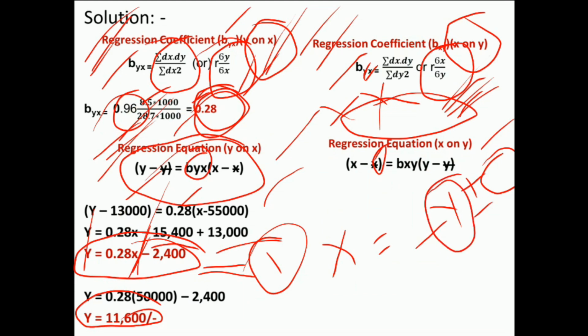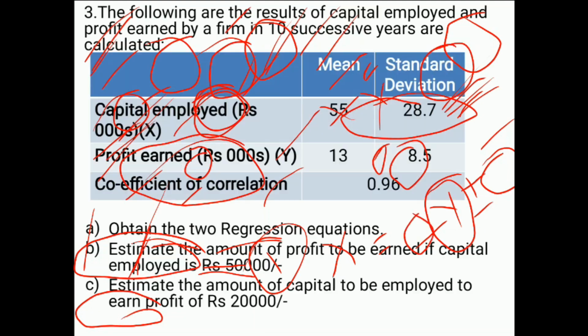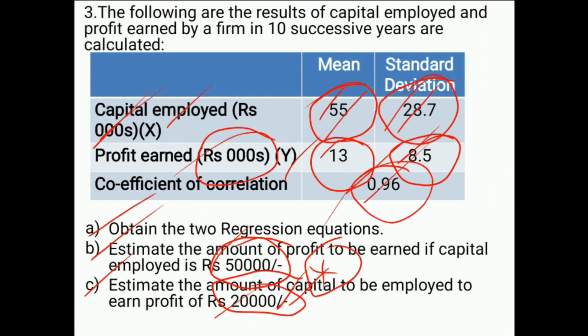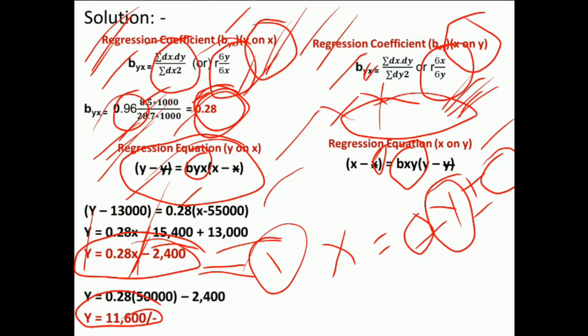So y is independent. So in this case, x equals bxy value into the y value given here, 20,000. Apply 20,000 here, plus or minus some value. After simplification, you will get x value.